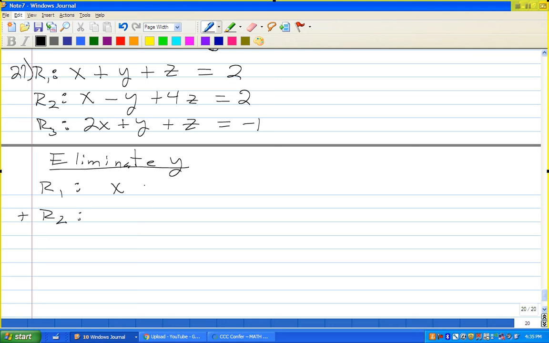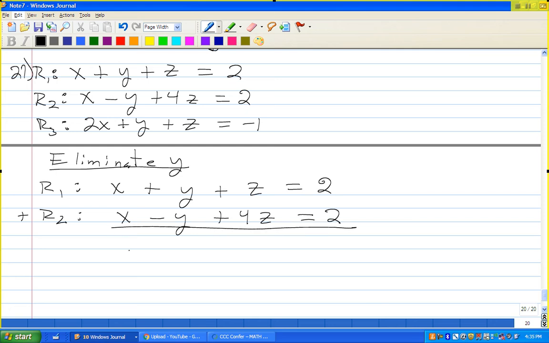So I have x plus y plus z equals 2, x minus y plus 4z equals 2. Add these. So I get 2x plus 5z equaling 4. Let me call that my first equation, S1.